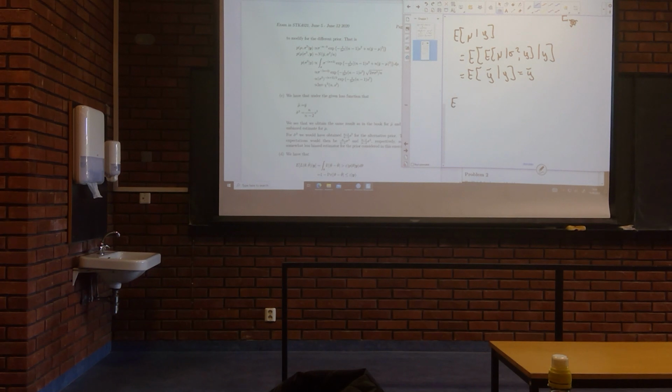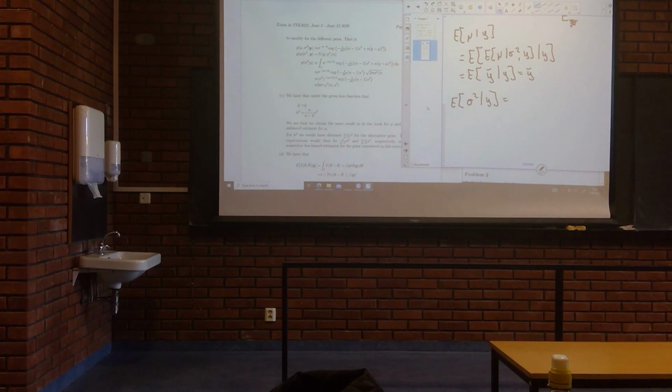Okay, but then we also need to look at the expectation of sigma squared given the data. Here we do have the result directly, in some sense, because we have found that the marginal distribution of sigma squared given y is inverse chi-squared. And then we can go back to the table in appendix A to see what the expectation is in this inverse chi-square distribution.